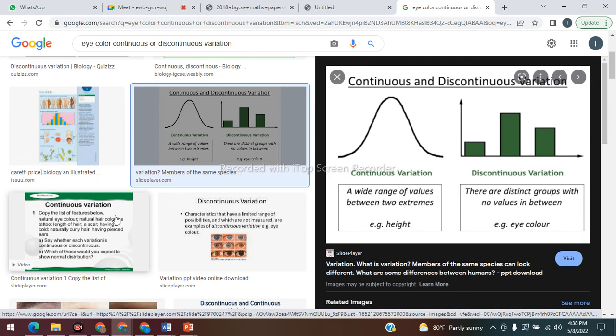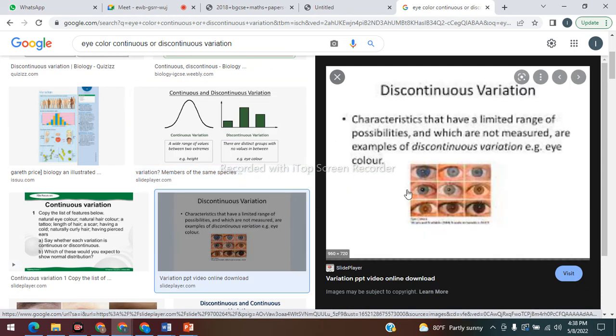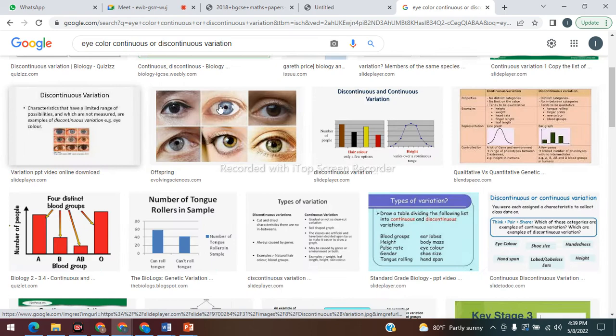But some people put natural eye color under continuous though. That's what I think, because they have a bunch of different answers on the internet. I just want to know in case that one comes up. This one said of course limited range, so we can't have an infinite number of it.